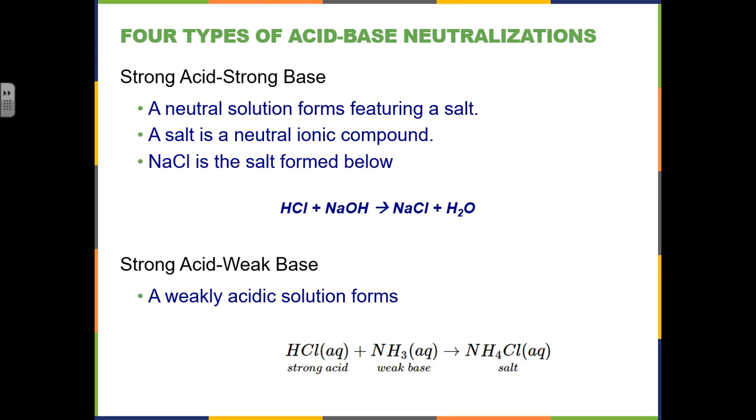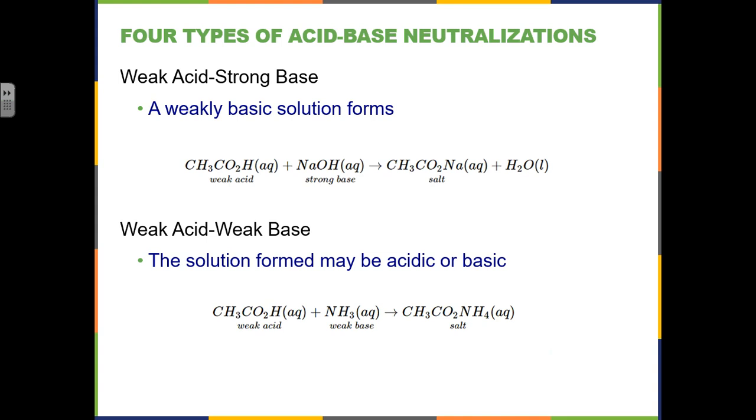and water. Now, if you react a strong acid with a weak base, you yield a salt, but in all, the solution represented is weakly acidic. Now, if you react a weak acid with a strong base, this generally yields a weakly basic solution.